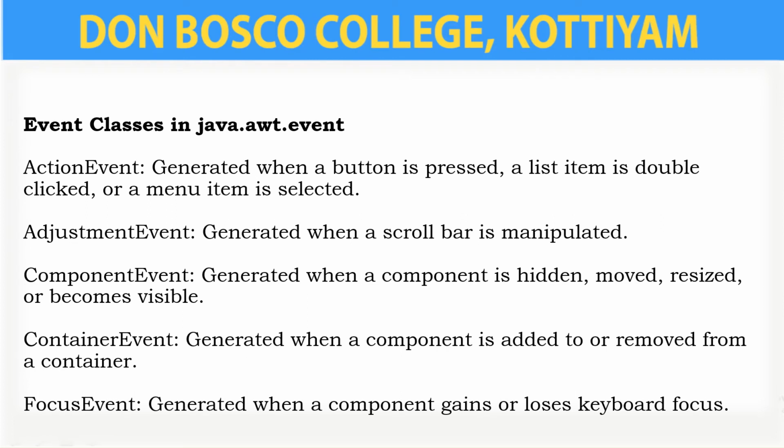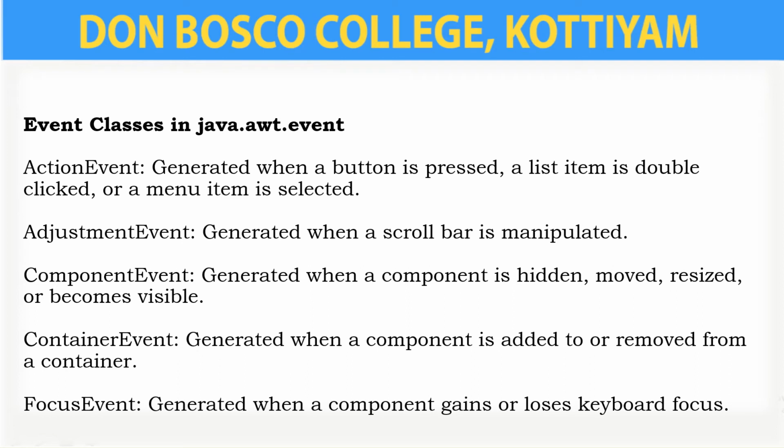Some of the event classes in java.awt.event are: first, ActionEvent, generated when a button is pressed. Next is AdjustmentEvent, generated when a scroll bar is manipulated.